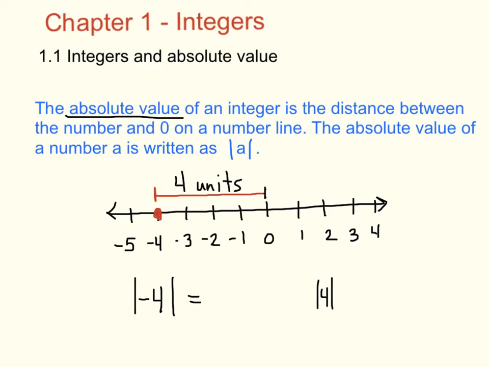Therefore, the absolute value of -4 is 4. And if we represent the absolute value of 4 with a blue dot, this is also 4 units away from 0. So this is also 4 units, which means the absolute value of 4 is also 4. Notice that the absolute value of any number, whether it's negative or positive, would be a positive integer.